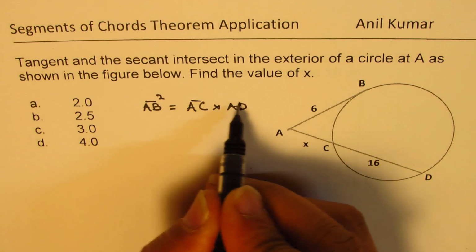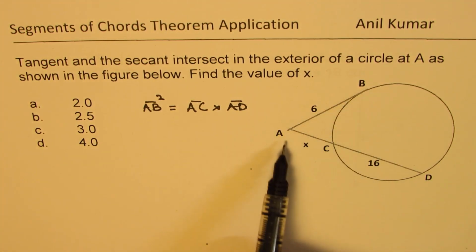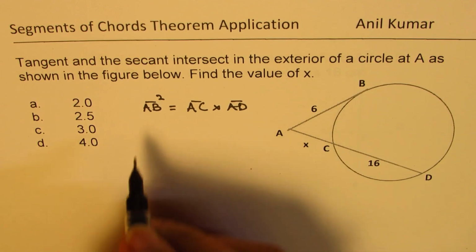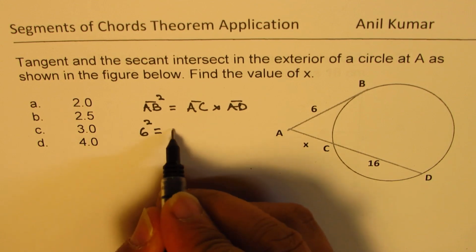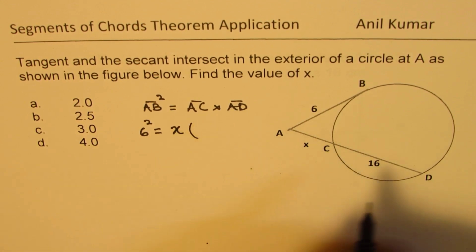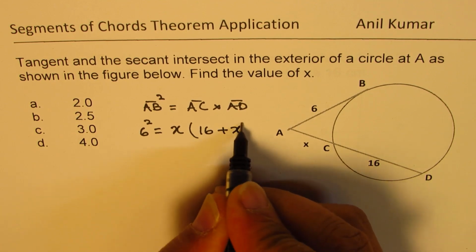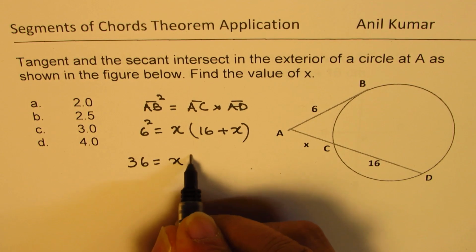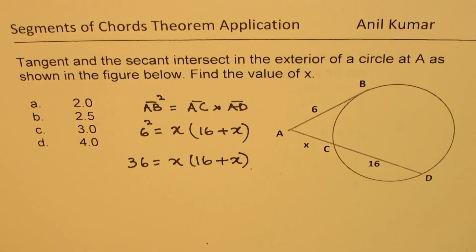Now AB is given to us as 6, so 6 square is equal to AC, which is X, times AD, which is 16 plus X. So we get here 36 equals X times 16 plus X, right?